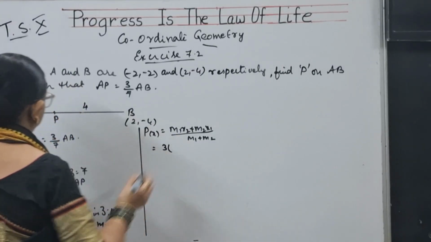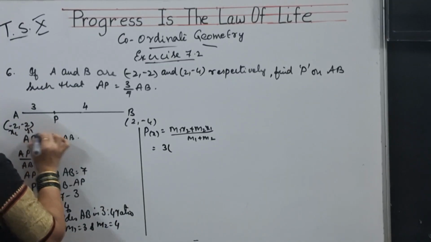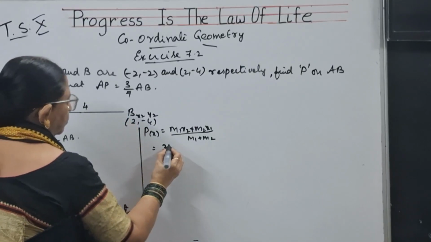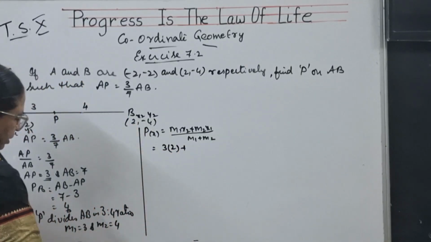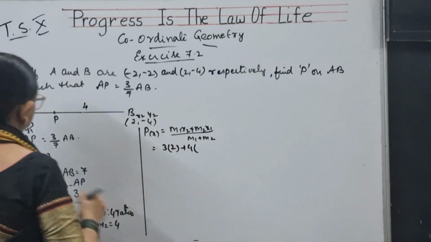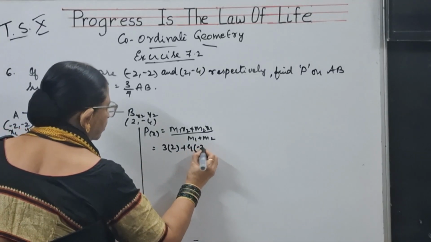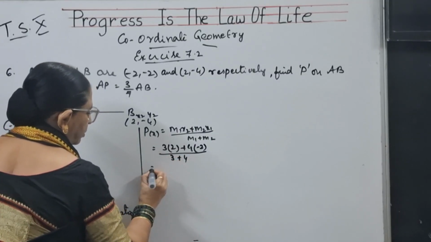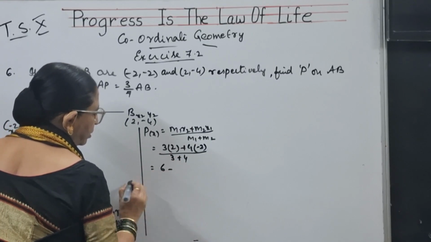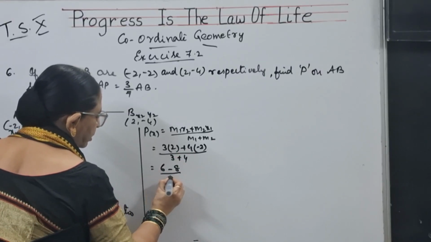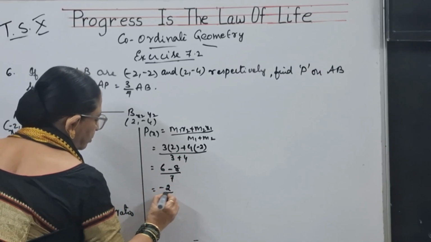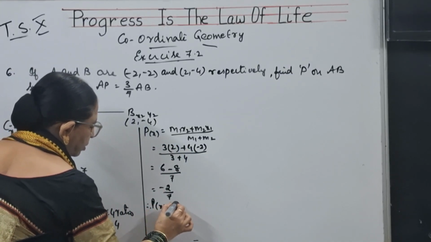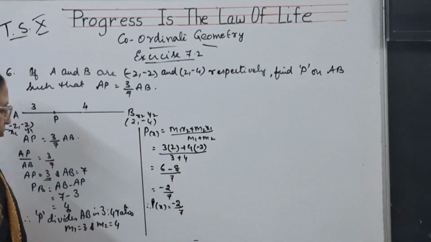So 3 into x2, this is x1, y1, this is x2, y2. So x2 is 2 plus M2, what is M2? 4 into x1, x1 is minus 2, by 3 plus 4. That is 6 minus 8 by 7. That is minus 2 by 7. Therefore, P of x is equal to minus 2 by 7 we have got.